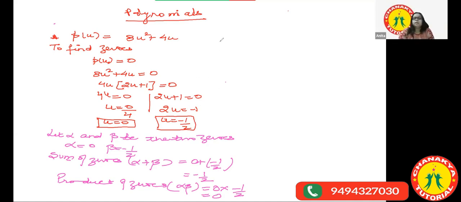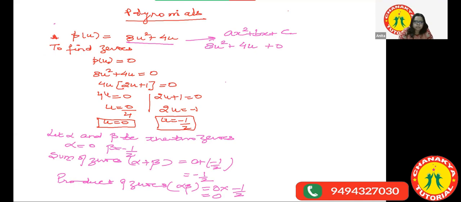Okay, fine. Now see children, we have our standard form as ax square plus bx plus c is equal to 0. Now compare this with our equation. So you can write 8u square plus 4u. Here we don't have any constant term, so you will write 0 only.